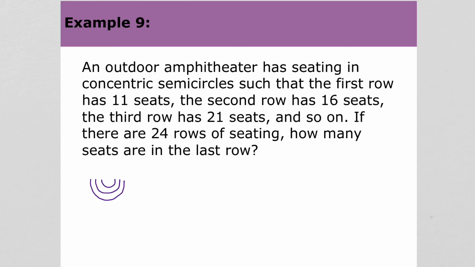Let's see. We're going to need to know what a sub 24 is. If we look at our formula, we know a sub 1, the first row, had 11 seats, and we know n is going to be 24.